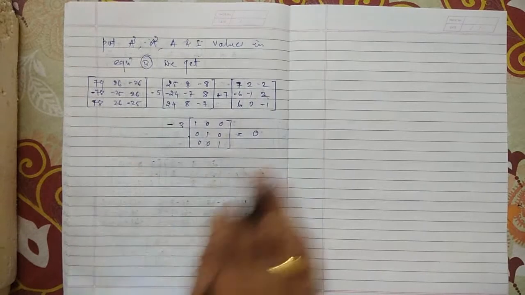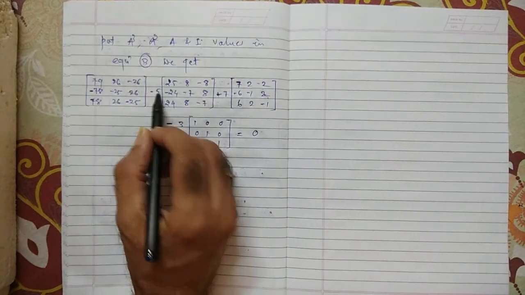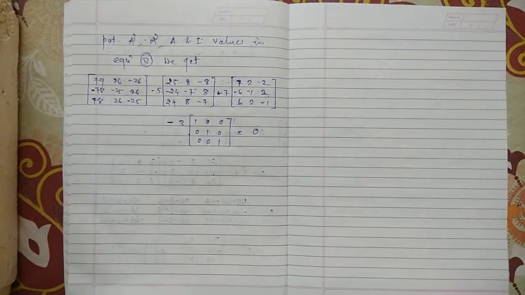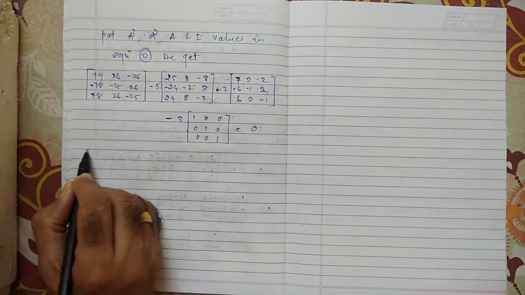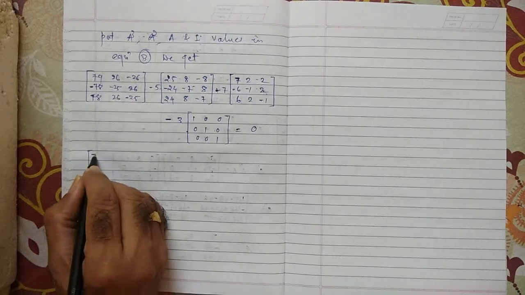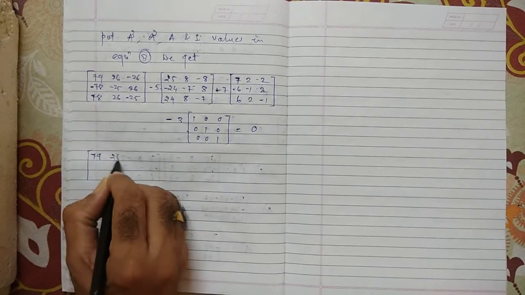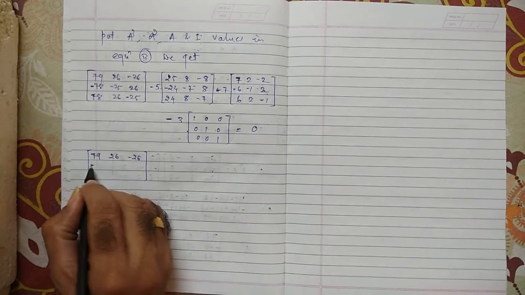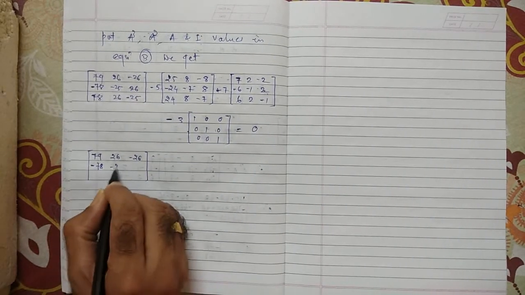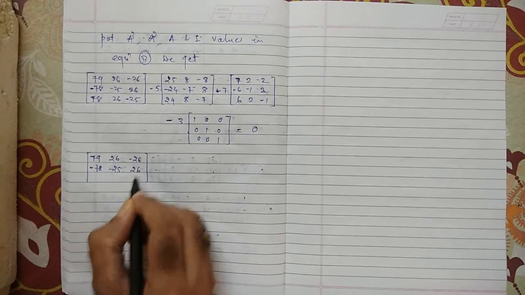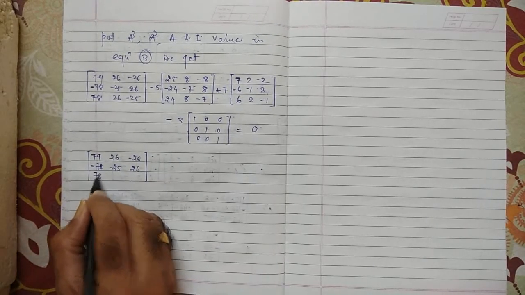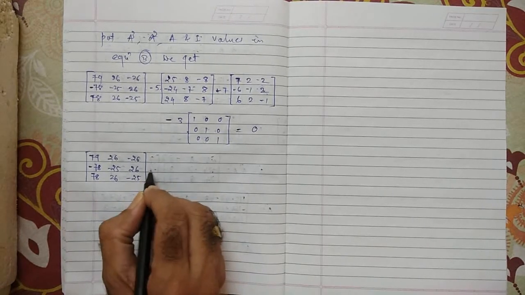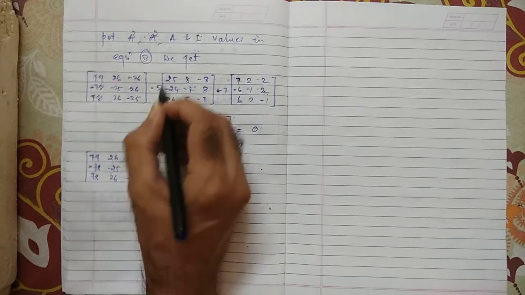All this. Now we will multiply 5 to this matrix, 7 to this matrix and 3 to this matrix. So we have here, we will write down this is 79, 26, minus 26. Then this is minus 78, minus 25. This is minus 26. This is 78, 26, minus 25. This minus sign as it is, and we will multiply 5 here.